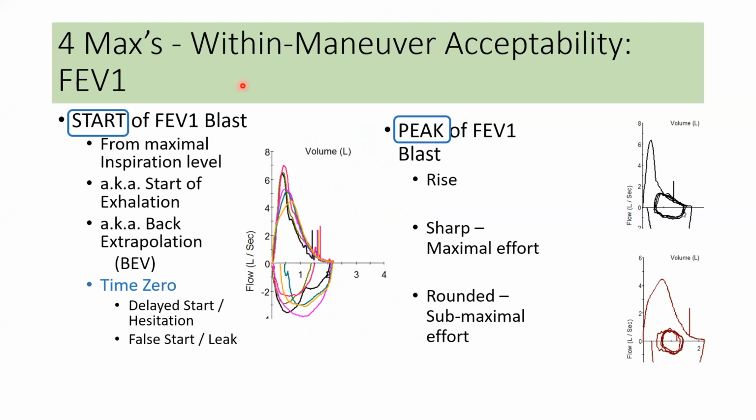Going to the second maximum, the FEV1. Now we're looking at 2 parts here. Displays of flow versus volume provide more detail than volume time graphs for the first second of the FVC maneuver. Because this portion of the maneuver, particularly the peak expiratory flow, PEF, is correlated with the pleural pressure during the maneuver, the flow volume graph is useful to assess the magnitude of effort during the initial portions of the maneuver.